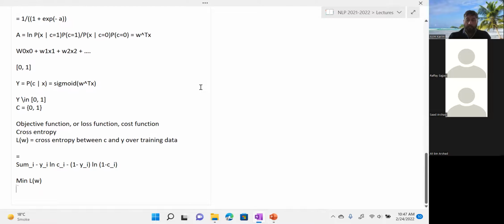In general, for most machine learning problems, this is a convex optimization problem. So what does convex optimization mean? If you use any first order or second order optimization technique, you will reach a minimum which is the global minimum.